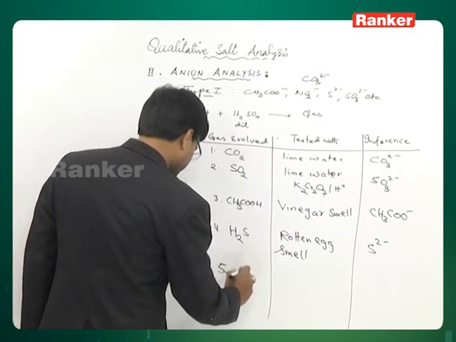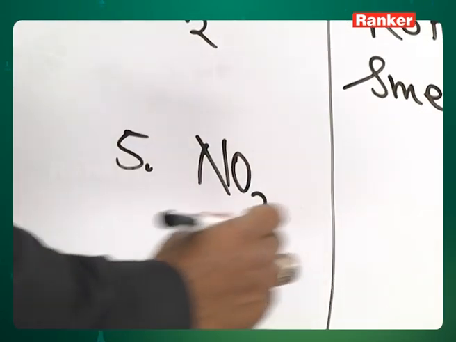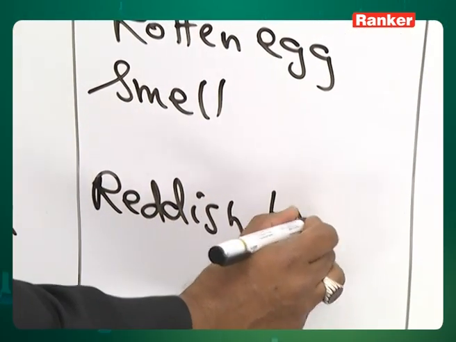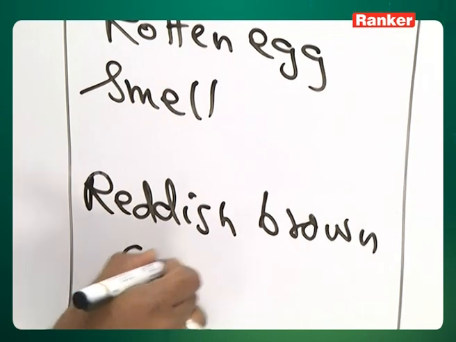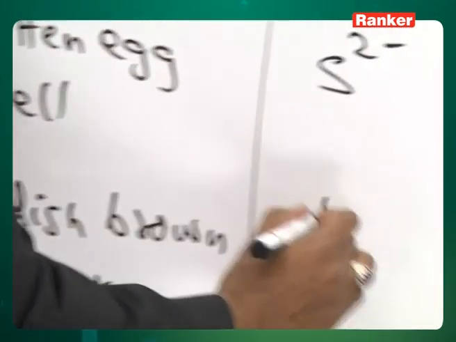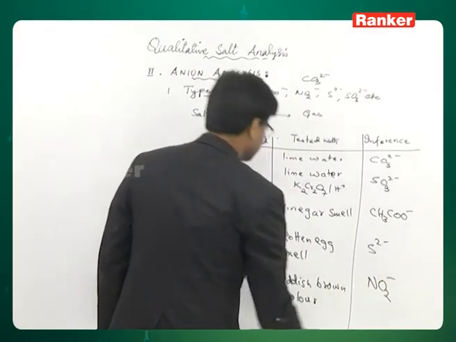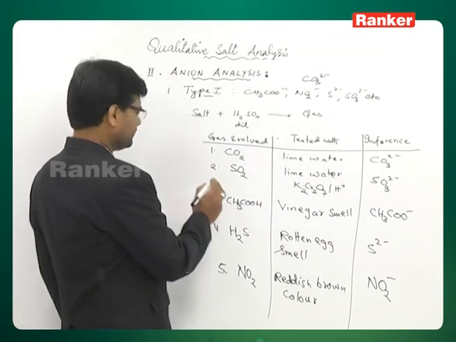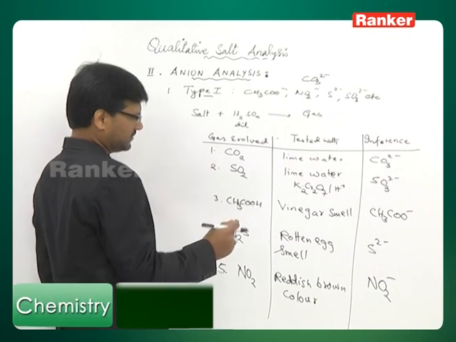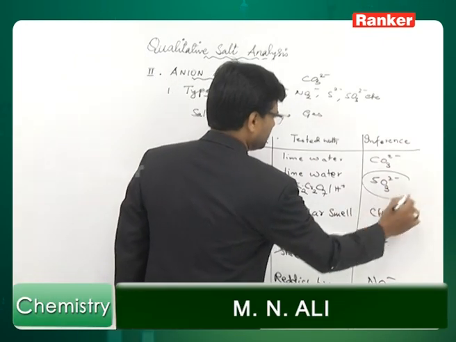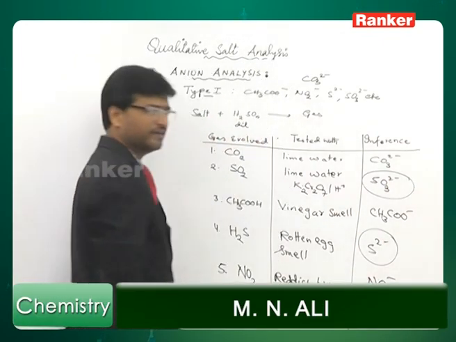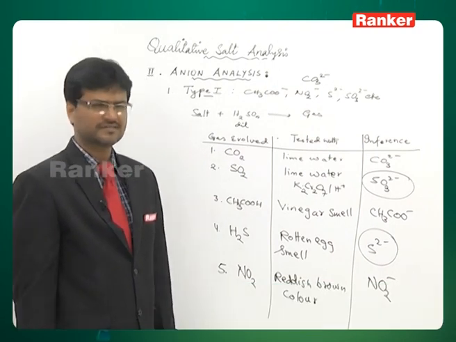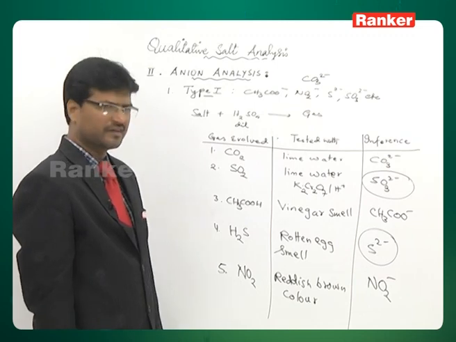Number 5, NO2, it is a reddish brown gas. And the salt must be NO2 minus. Here we will be talking in detail about these two, sulfite and sulfide. We will discuss various reactions and various methods of testing sulfite and sulfide. These are there in the syllabus.